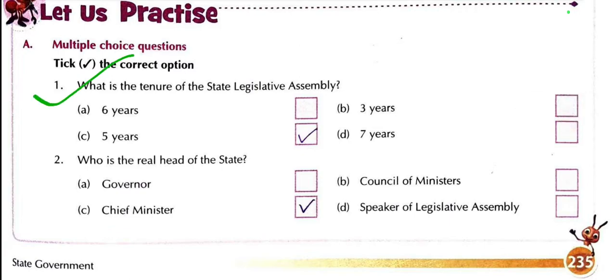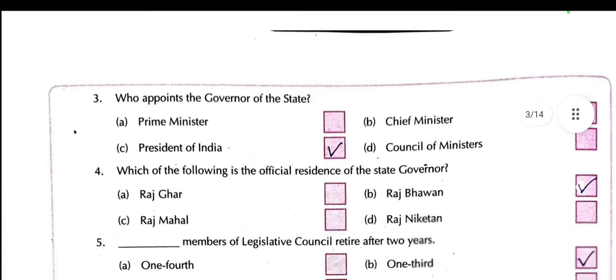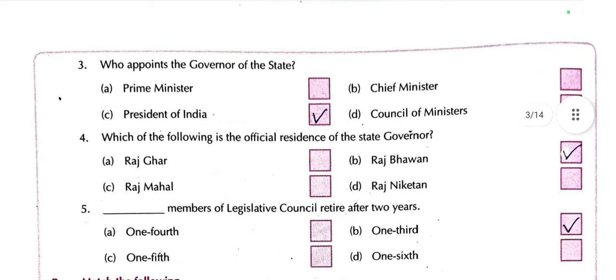So the first question is, what is the tenure of the state legislative assembly? 5 years. Okay, so who is the real head of state? Chief minister. And the next question is, who appoints the governor of the state?